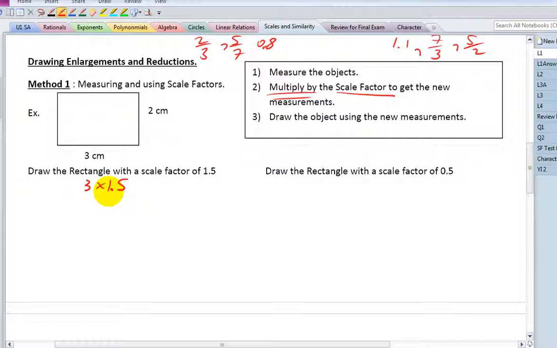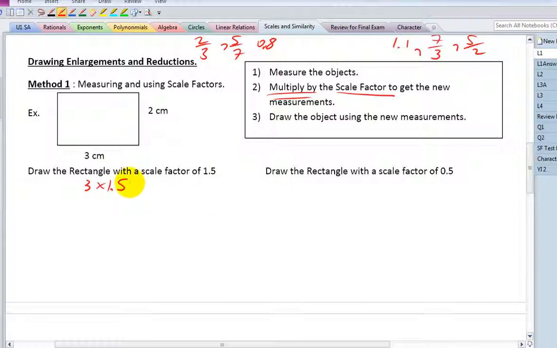Do you see any negative measurements on your ruler? That's why we're always dealing with positives, because we're dealing with measurements. To switch it around, we flip our scale factor. If we have a scale factor of 4, the opposite would be 1/4.